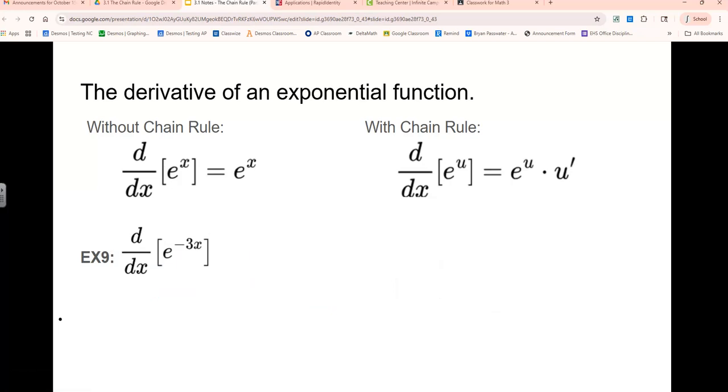Exponentials are also pretty easy, but kids mess them up a lot of times because they forget they even have to do the chain rule with it. So the derivative of an exponential is itself.